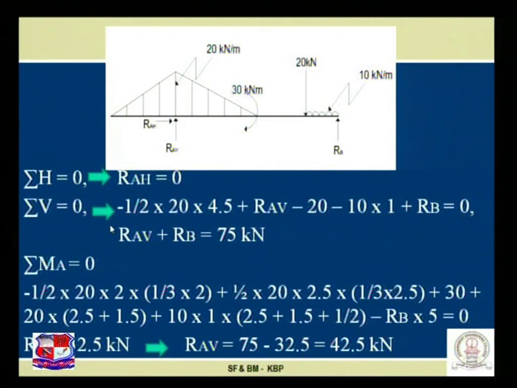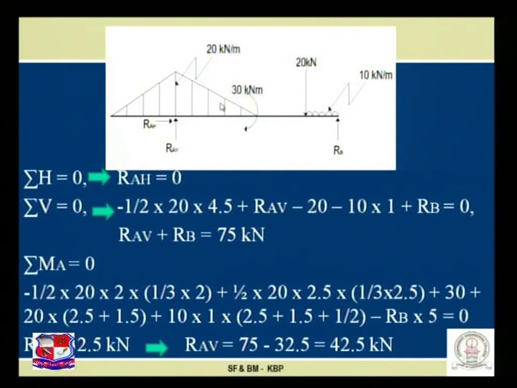Sigma V is equal to 0. Summation of all the vertical forces is equated with 0. With that, UVL is there, so area of UVL is half into 20 into the distance, that is 2 plus 2.5, that is 4.5, acting downward, negative sign, plus RAV acting upward.